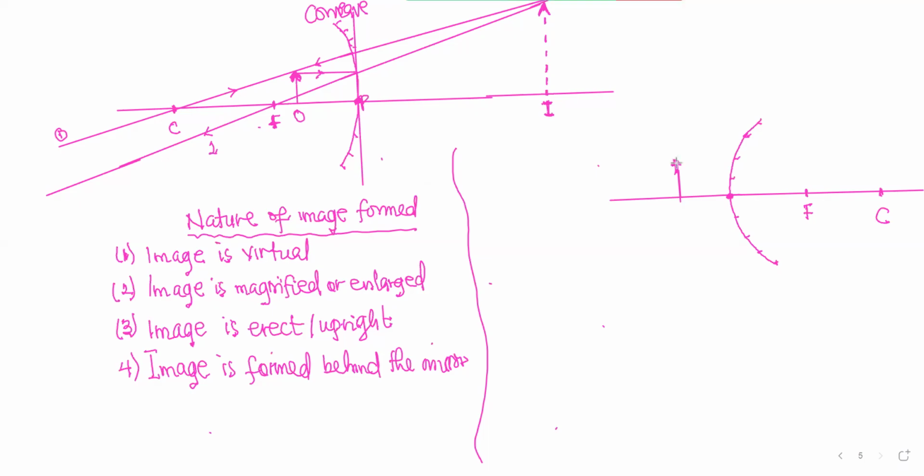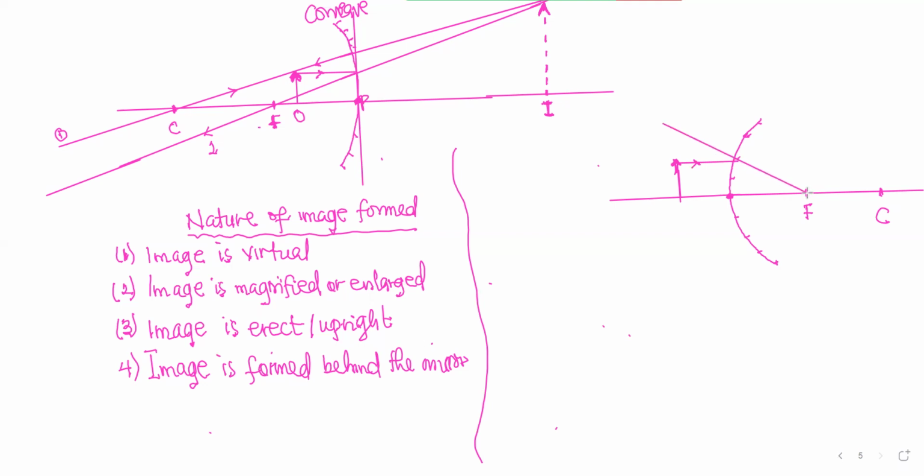A ray of light parallel to the principal axis must be diverted, and the diverted ray must appear to be diverted from the principal focus.